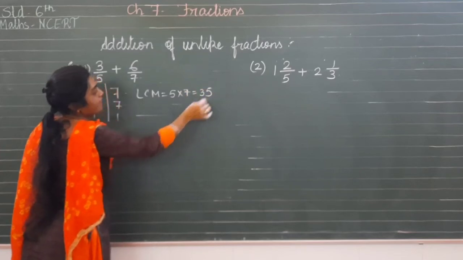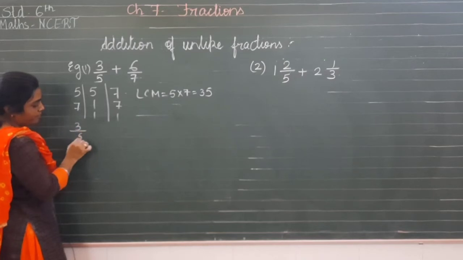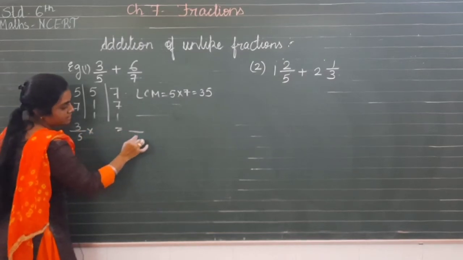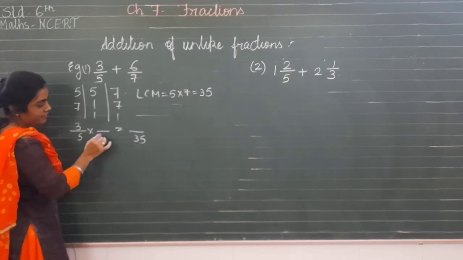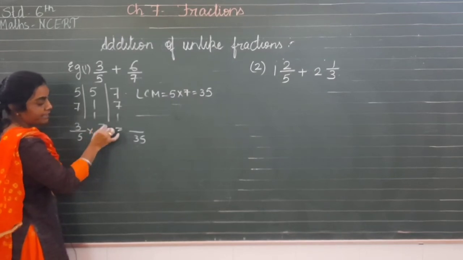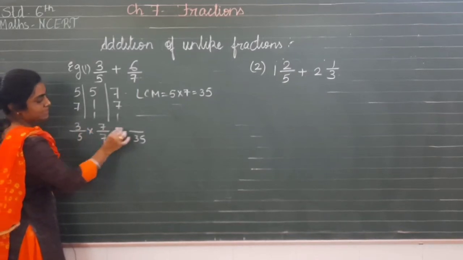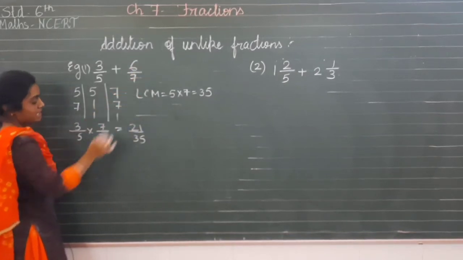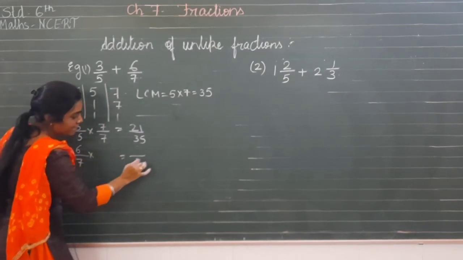Now we will convert into equivalent fractions. 3 upon 5, here 35. To make 35, we will multiply by 7 in the numerator as well as in the denominator. 7 fives are 35 and 3 sevens are 21. Now let us take 6 upon 7. 35 as it is.